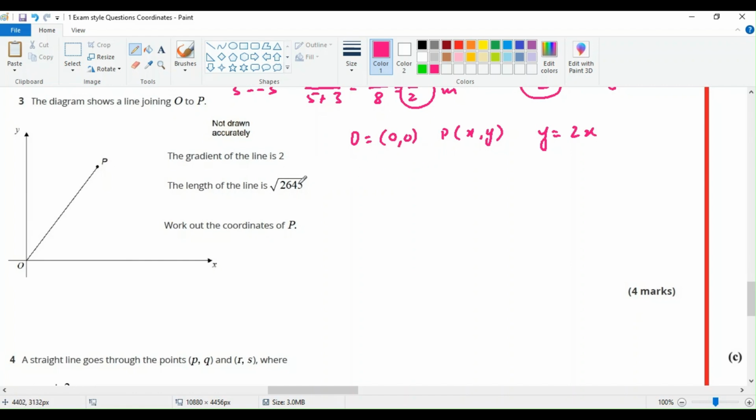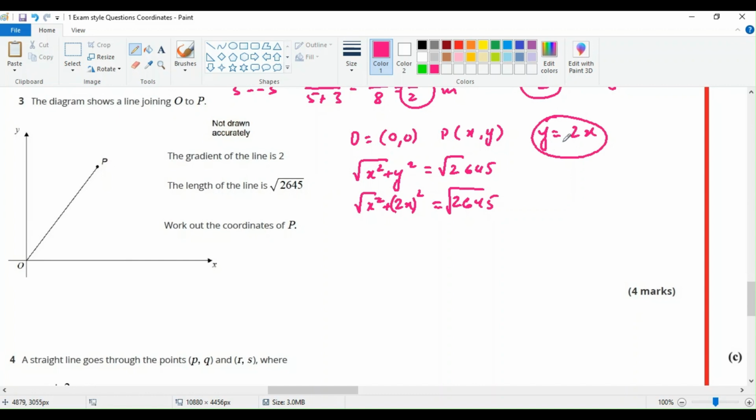Now in here the length is already given, so the length formula, we know very well, is the square root of x squared plus y squared, which equals the square root of 2645. Now this is saying y is equal to 2x.